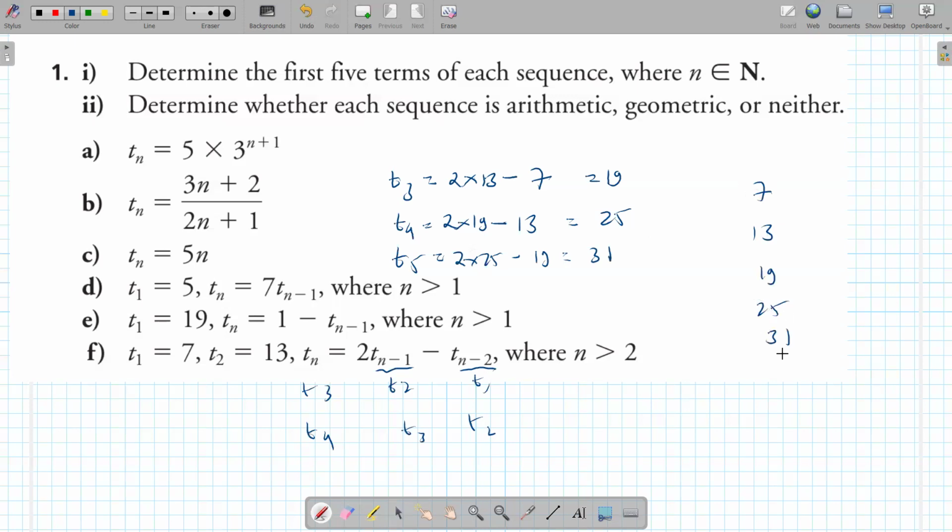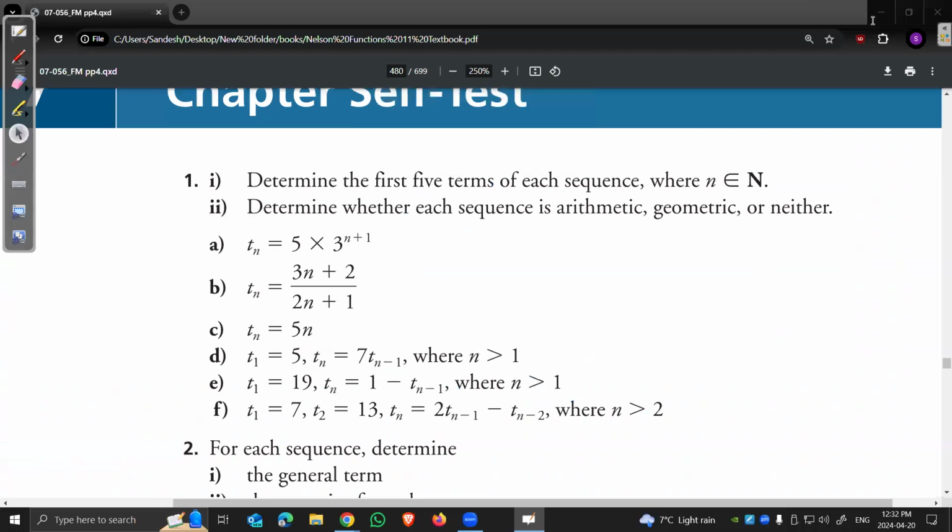Is that arithmetic or geometric? It is arithmetic, because you're just adding what each time? How much are you adding? 6. Yeah, so that's your common difference, d.